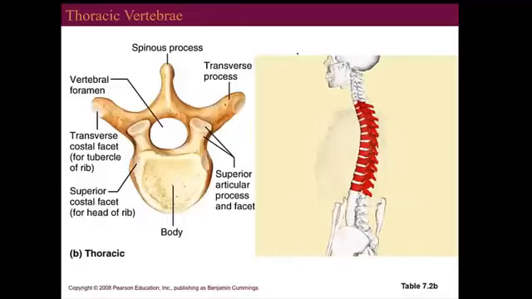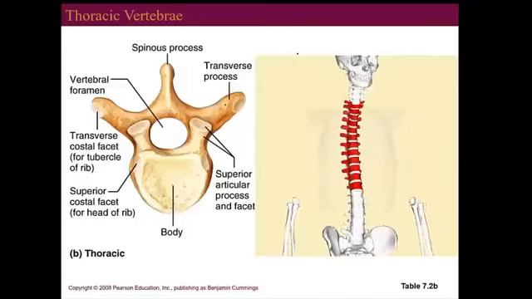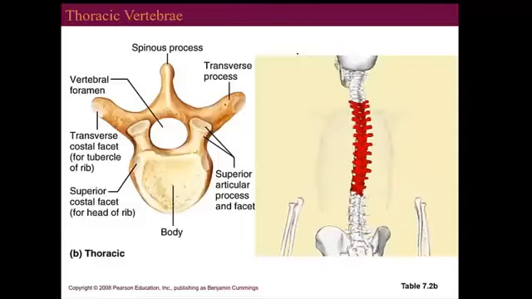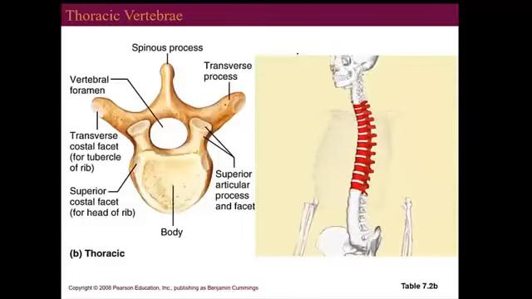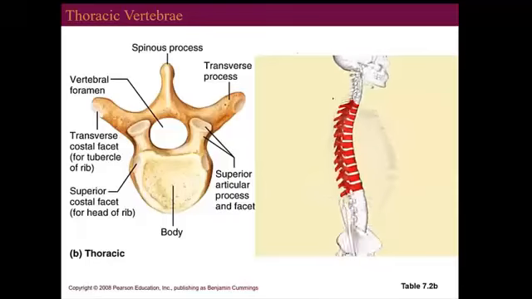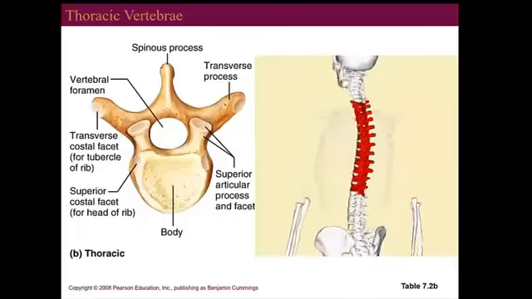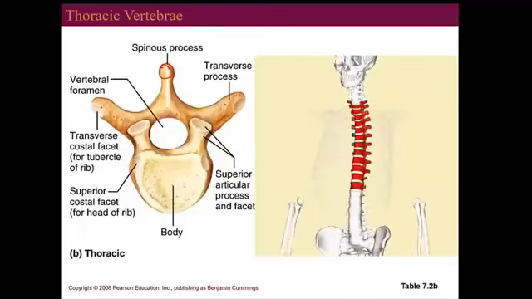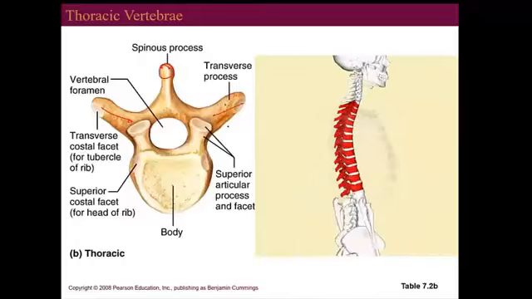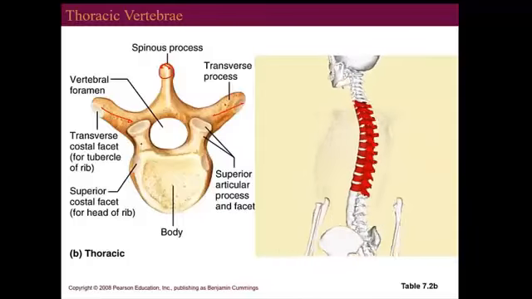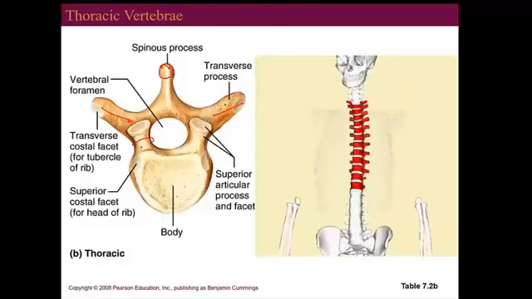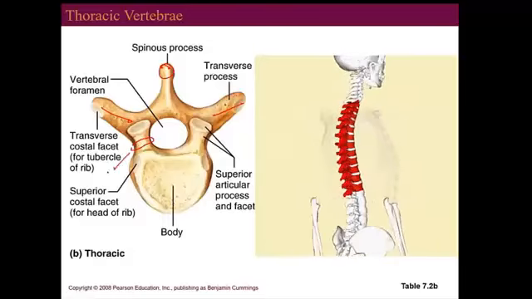Now we're going to go down and take a look at your thoracic vertebrae. Remember, the thoracic vertebra was the typical vertebra that we described, and those are the structures that we identified: the spinous process, the transverse process protruding laterally, and then remember the foot of that part here is called the pedicle.